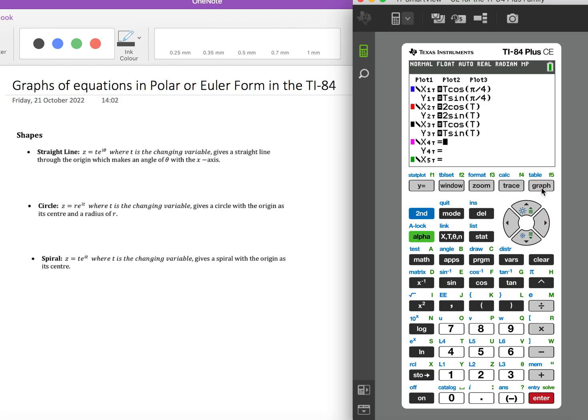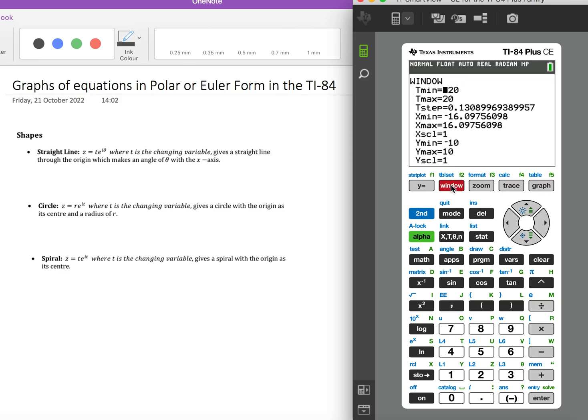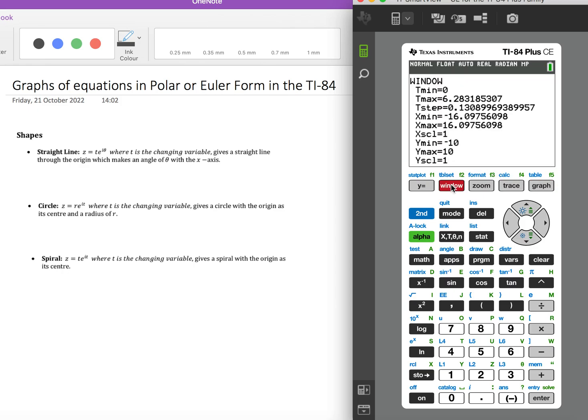Okay, so we can graph this. I don't want that window; I want 0 to 2 pi, so that it's a simple spiral with positive t values.